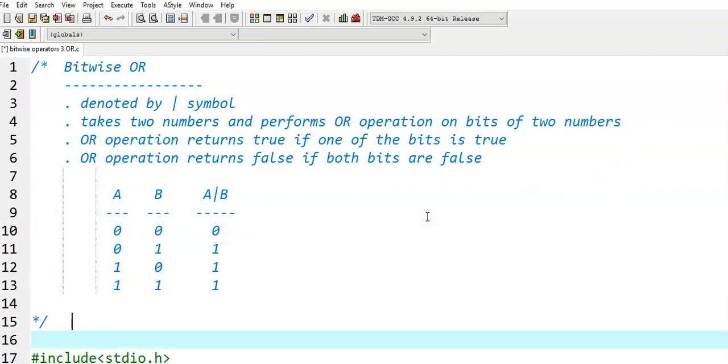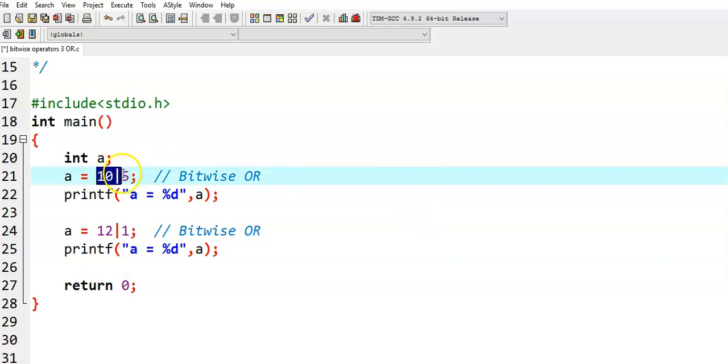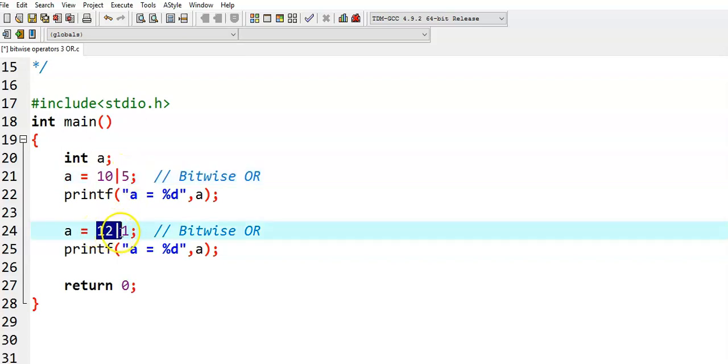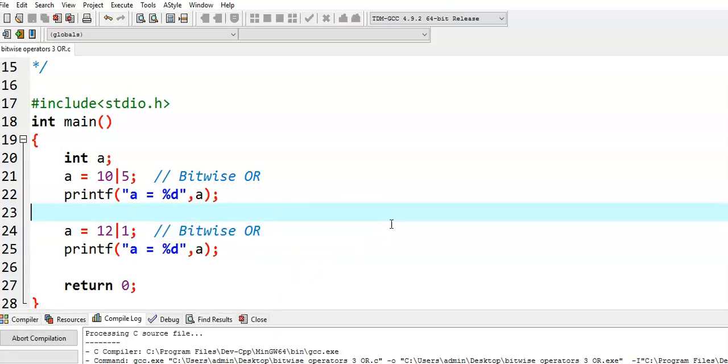We see an example program to demonstrate the bitwise OR operator. In this example, I have applied the bitwise OR operator on 10 and 5. In the second example, I have applied the bitwise OR operator on 12 and 1. We see what the output of these examples will be. I will run this program.